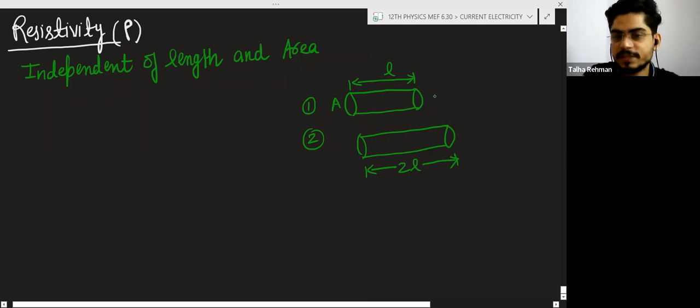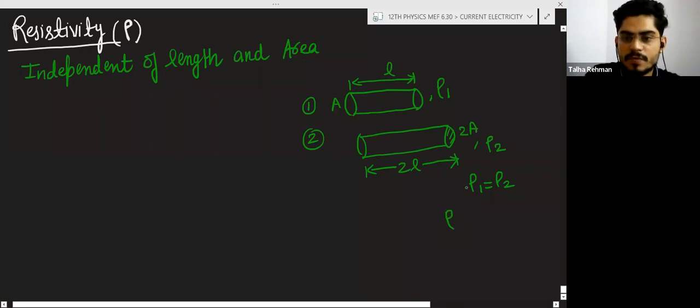These are two different conductors, not the same. So the resistivity of this, rho 1, and the resistivity of this, rho 2, will be the same. This is not P, this is rho. So resistivity does not depend on the length and the area.